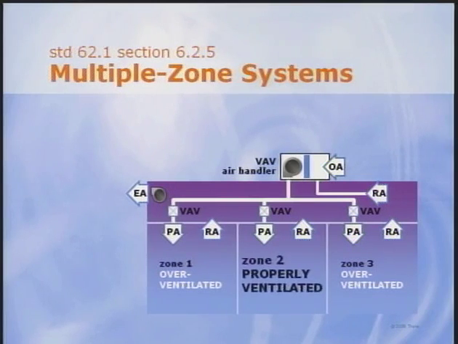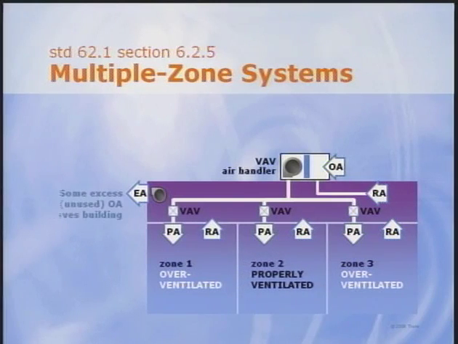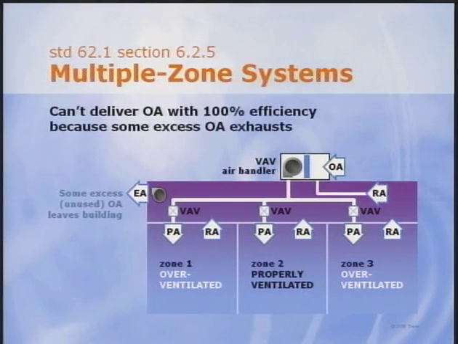One zone, the critical zone, determines the outdoor air fraction required in the primary air. All non-critical zones receive the same fraction of outdoor air, even though they don't need this much. So the critical zone is ventilated properly, but all other zones are overventilated. This means that some unused outdoor air recirculates, but some leaves the building. So system ventilation efficiency is less than 100%.